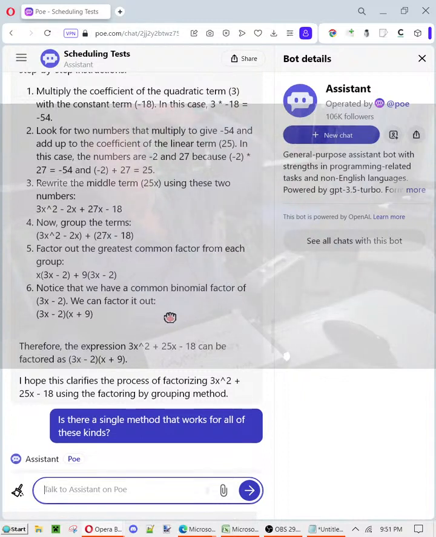Look for two numbers that multiply to give negative 54 and add up to 25. Why?